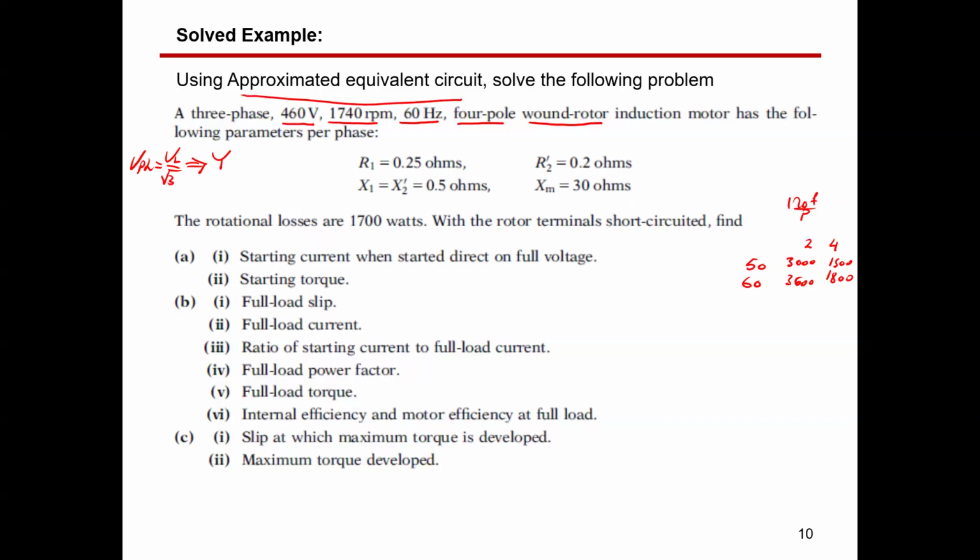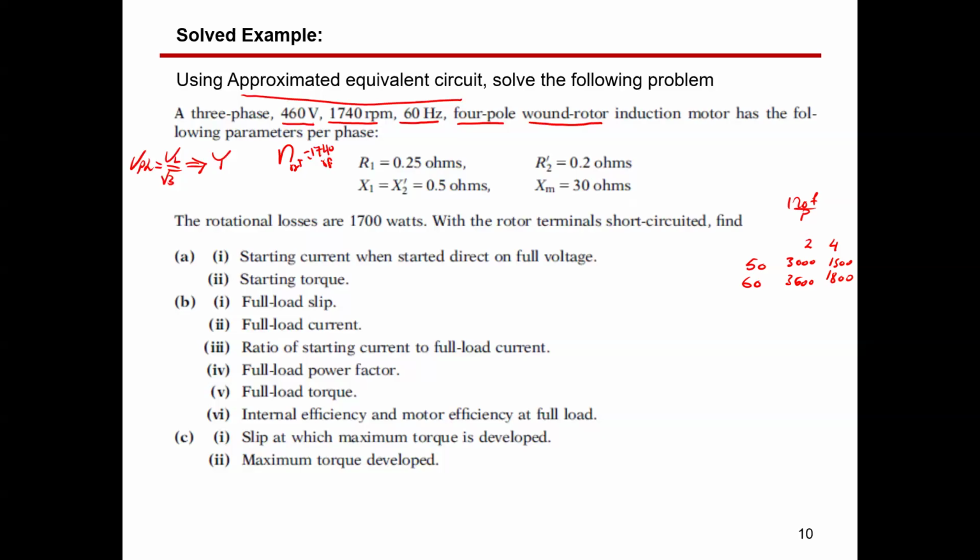So for induction motor, the speed given is the rated machine speed. The rated machine speed means if you apply the rated torque to this machine, the machine will absorb the rated current and run at 1740 RPM. So 1740 RPM means this is at rated or full load.